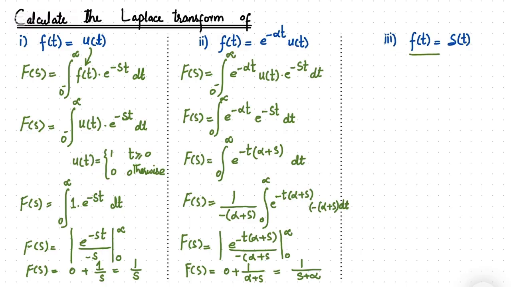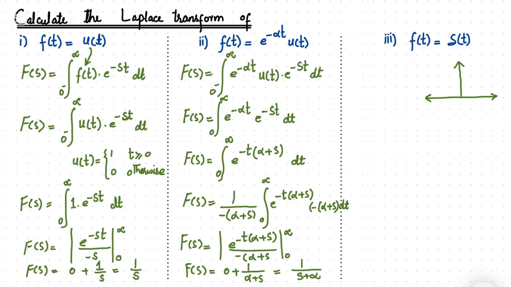The third function for which we are going to calculate the Laplace transform is the impulse function. What is an impulse function? The impulse function has an amplitude 1 at t is equal to 0 and the amplitude is 0 otherwise. This is the sketch of the impulse function.